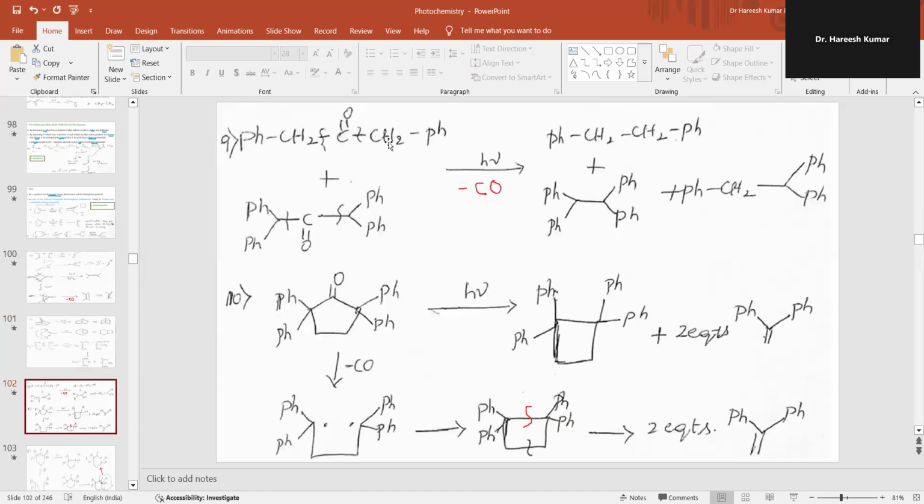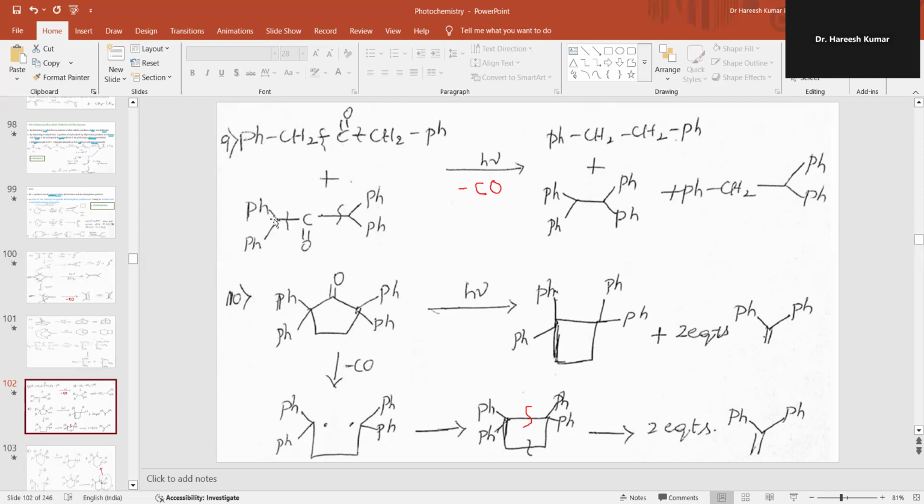In the next slide, I am taking a symmetrical ketone, more particularly dibenzyl ketone, and this is also a symmetrical ketone, more particularly diphenylmethyl ketone. In both cases, there is alpha cleavage here, alpha cleavage here.